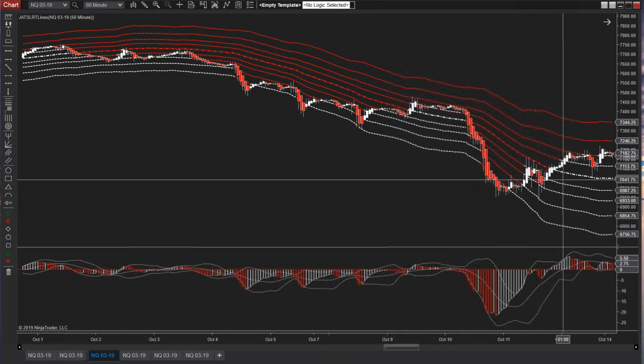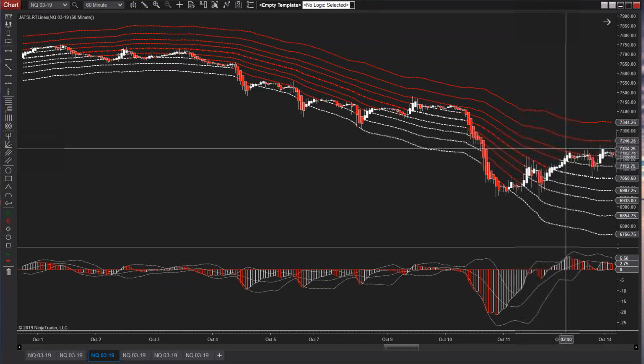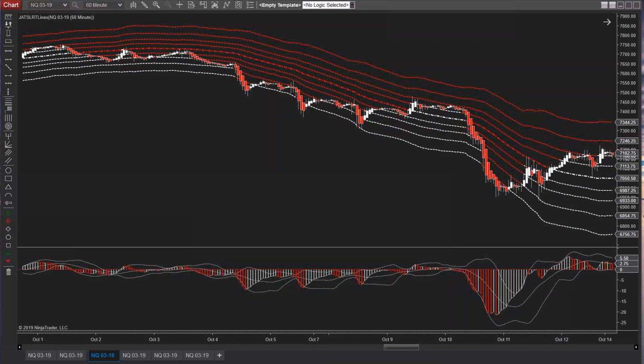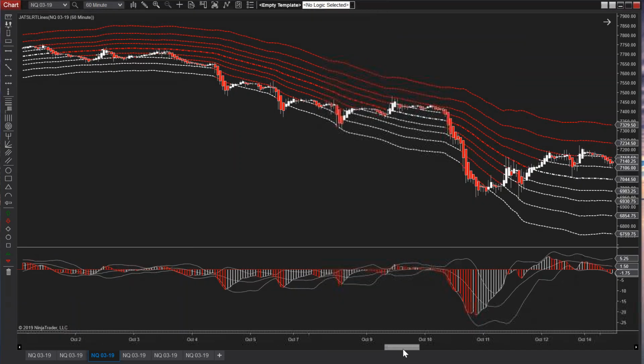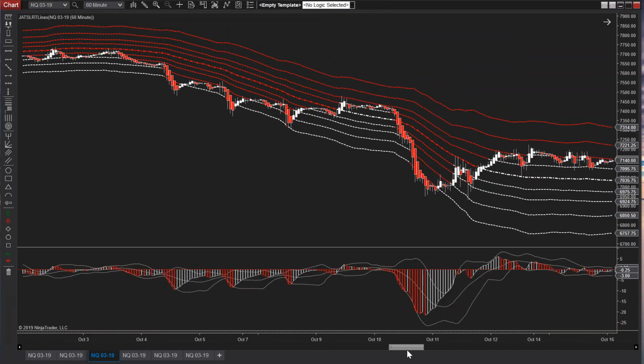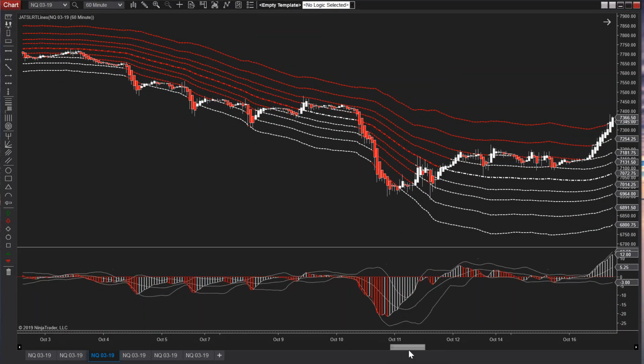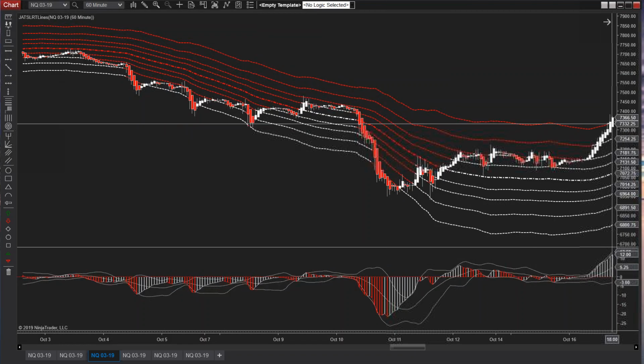So now it bounced back up, got back to the LR1, got right back to the 2 up, got a little bit over its skis, 3 up, and then 4 up, got to the top band.